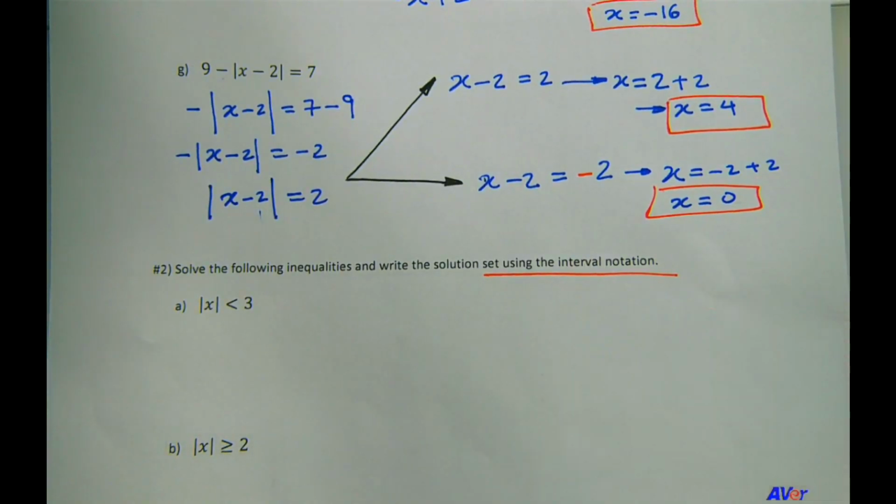What is the reason? How come all of a sudden we get a question like this when the previous one didn't ask for that? Well, the reason is with absolute value equalities, you can have just a finite number of answers or solutions. One, maybe two. Either way, it's finite, one or two.